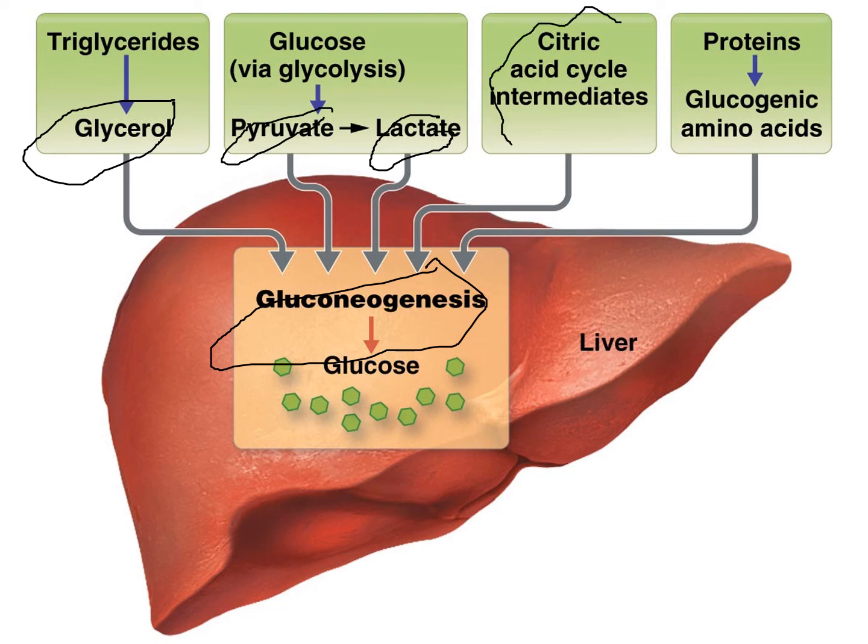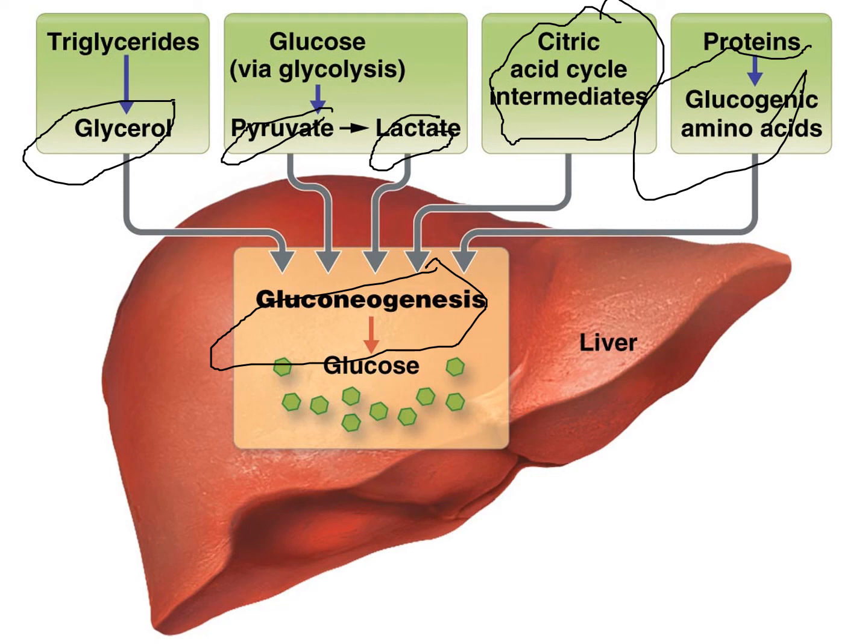Citric acid cycle intermediates can produce glucose, as well as certain glucogenic amino acids. And this fact of the intermediates converting with one another, we're going to talk about a little later in a different lecture.